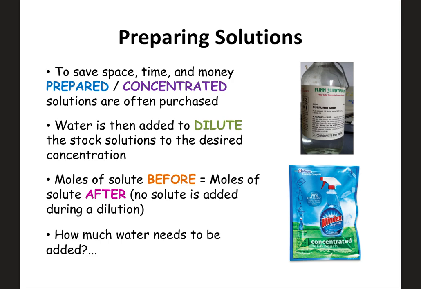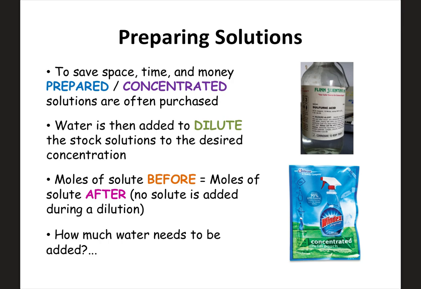A lot of times here, in order to save space, time, money, we buy prepared or concentrated solutions, which basically means when we're purchasing acid, say for example, hydrochloric acid, we usually buy 12 molar hydrochloric acid. I don't always need 12 molar hydrochloric acid.